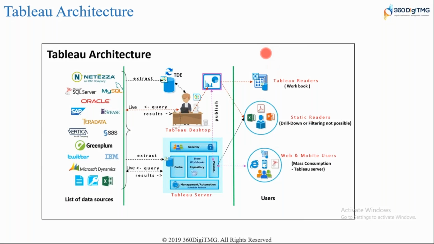Tableau Public is free software that anybody can download and install, and they can create reports over there. They can save their work on the Tableau Public server. So if a workbook is created on Tableau Desktop, why not ask the end user to whom you are emailing this workbook to open it on Tableau Public? Why do you have to ask them to install Tableau Reader and only then open the packaged workbook?